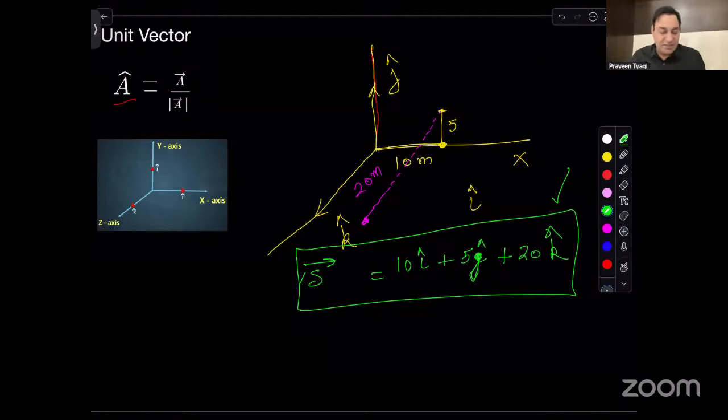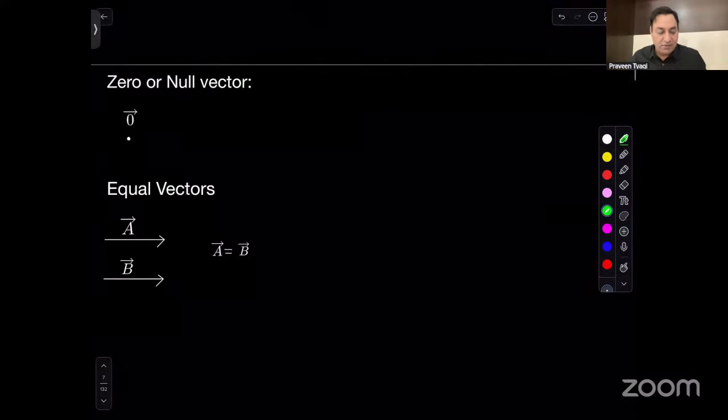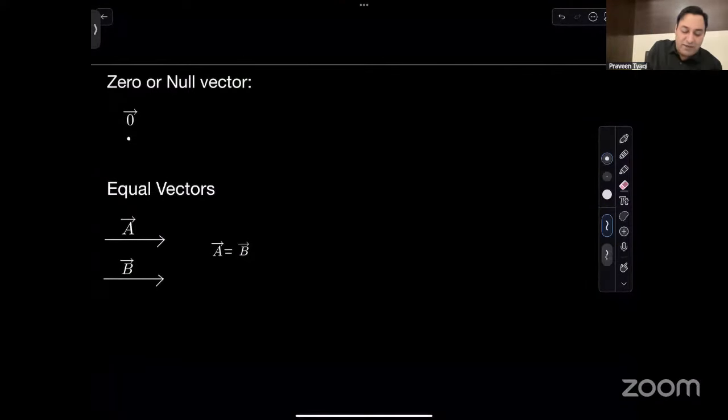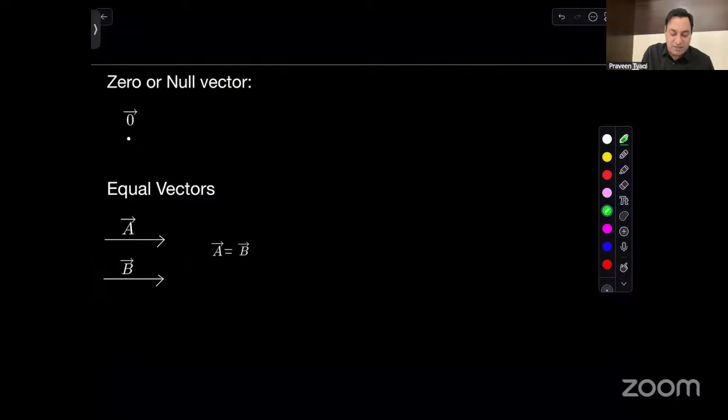Okay, what is a unit vector? Now, what is a null vector? A vector which has zero magnitude is called a null vector. What are equal vectors? If there are two vectors in the same direction and having the same magnitude, they are called equal vectors.